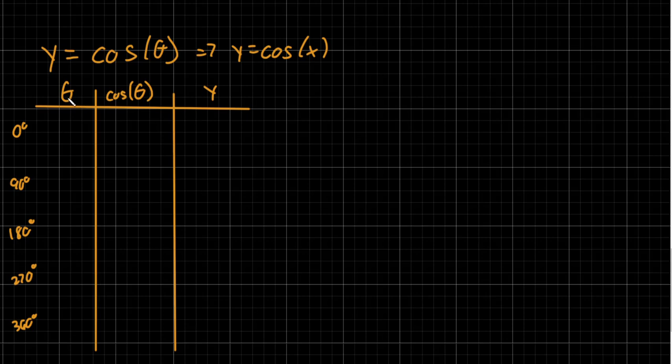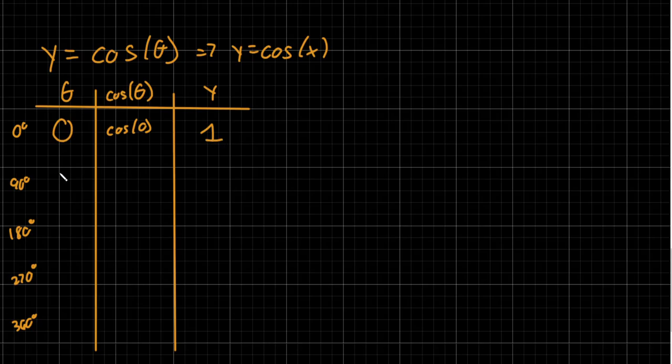So what is theta at 0 degrees? 0. Okay, yep. Well, what is cosine of 0? 1. Yes, thank you. Okay.